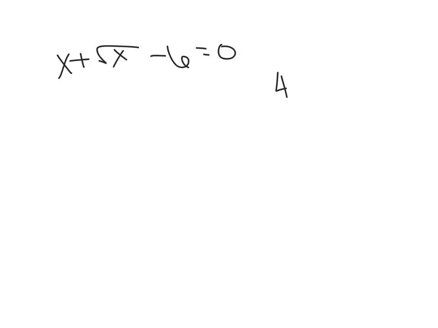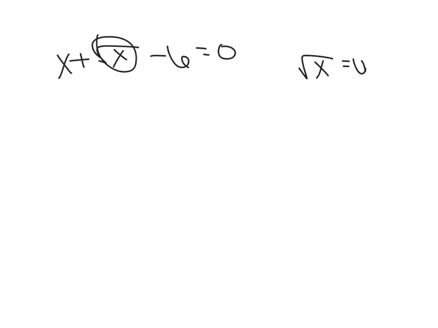Just like when we had 4x to the fourth plus 7x squared plus 2 before, we set that equal to u. We're going to do the same thing with the square root of x. We're going to set the square root of x equal to u. It will always be the x term right there.